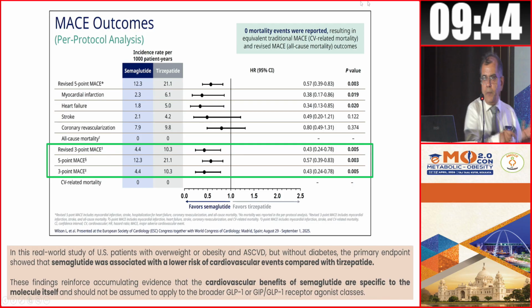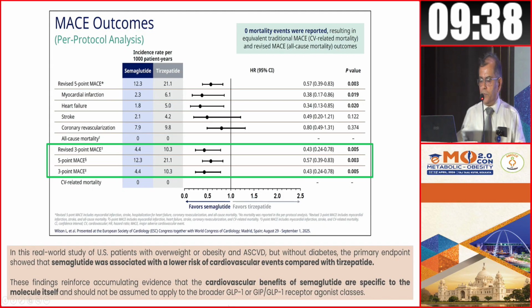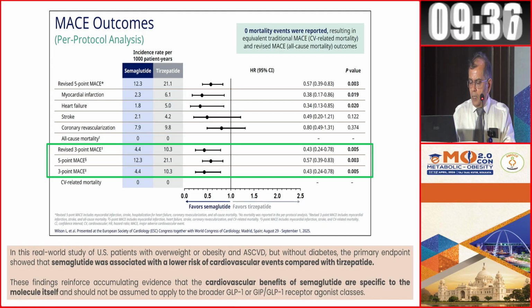This is a real-world study. Again, I'm explaining, this is not a head-to-head RCT, but this is what they found, and this study was entirely based in the USA. So what they found was that in the real world, in patients with overweight or obesity with atherosclerotic cardiovascular disease but without diabetes, the primary endpoint showed that semaglutide was associated with a lower risk of cardiovascular events compared to tirzepatide.